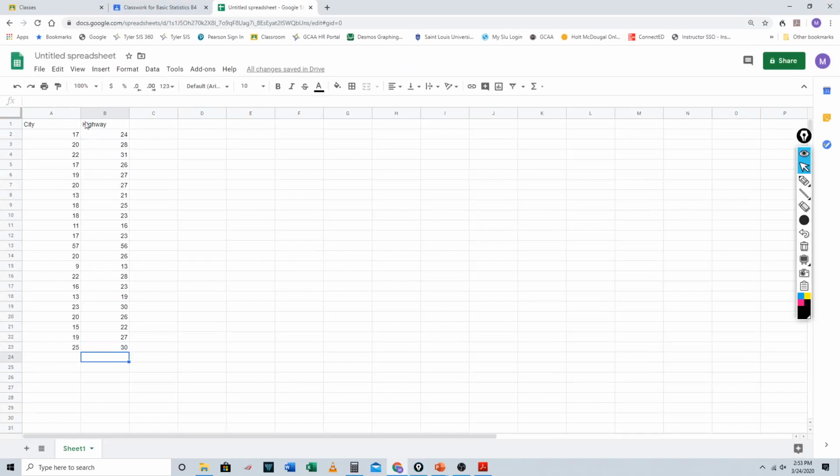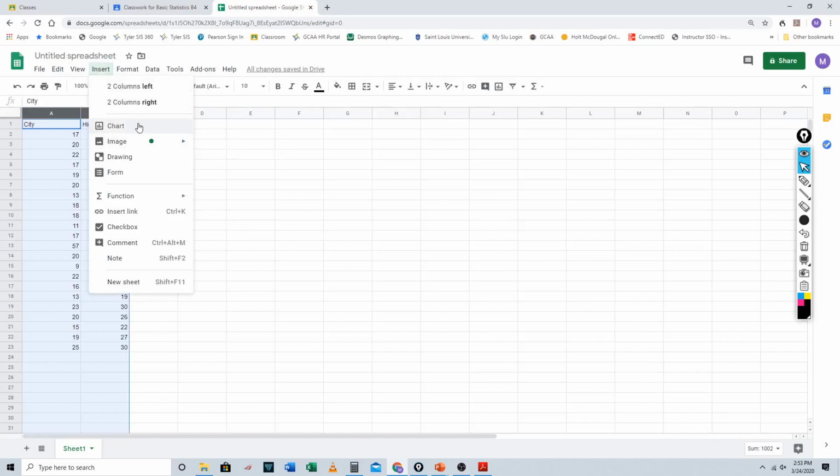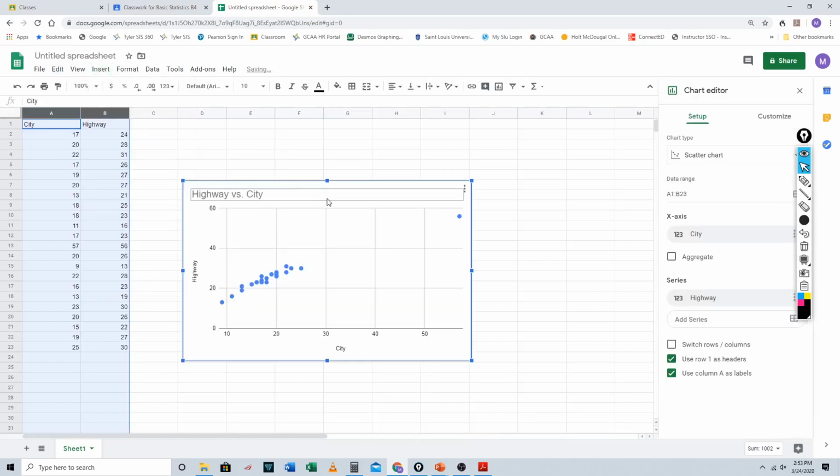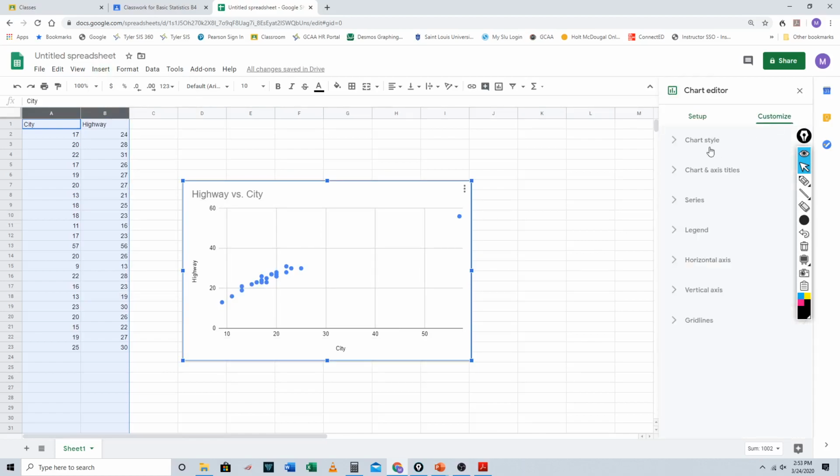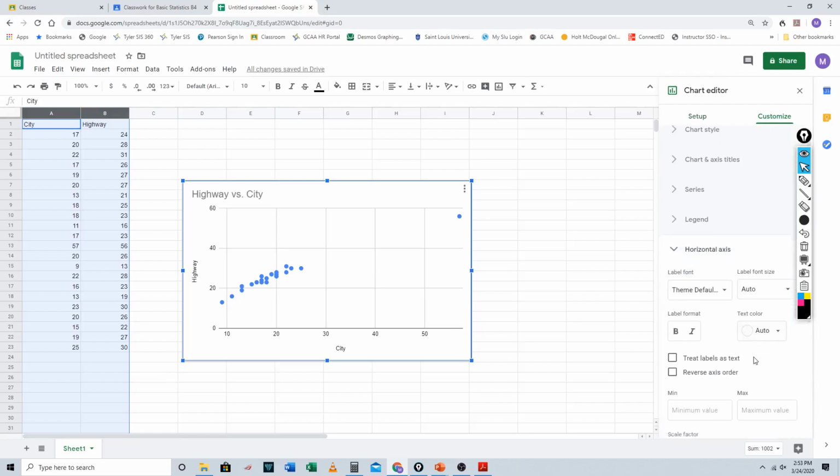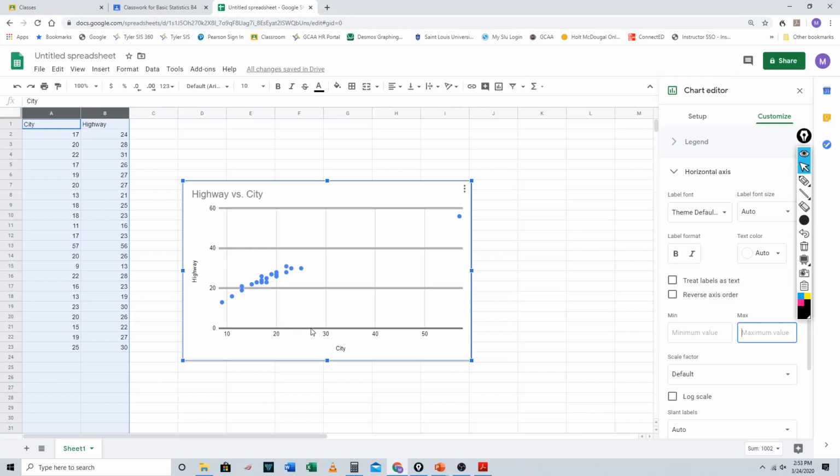Now it says the scatter plot shows a strong correlation, so let's go ahead and do the scatter plot. Insert chart. All right, and there it is. I'm going to customize this horizontal axis. So minimum value seems to be about what?